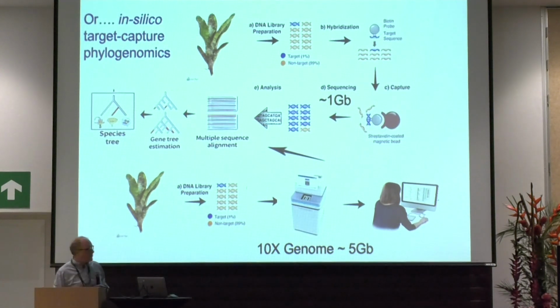Tillandsioids, you might have to generate a little bit more. And so if you generate that data, you can then do an in silico enrichment, again make your targeted loci, make your multiple sequence alignments, gene trees, and estimate your species tree.